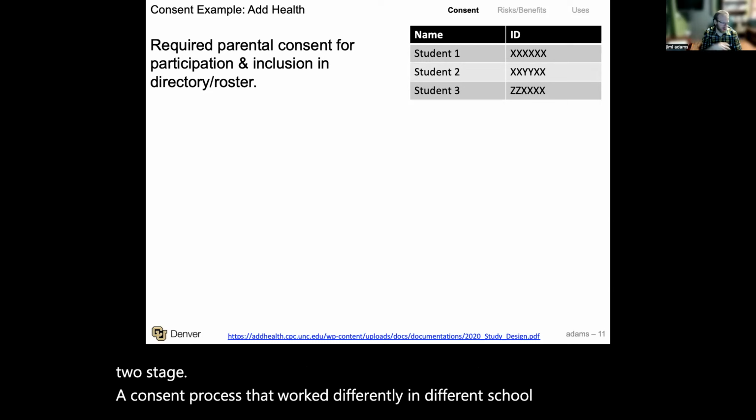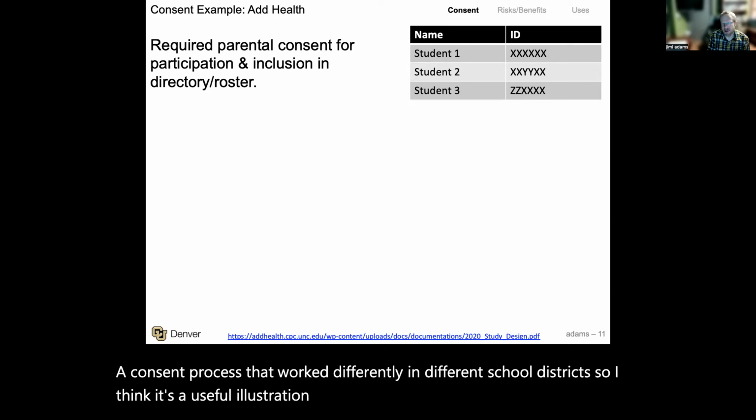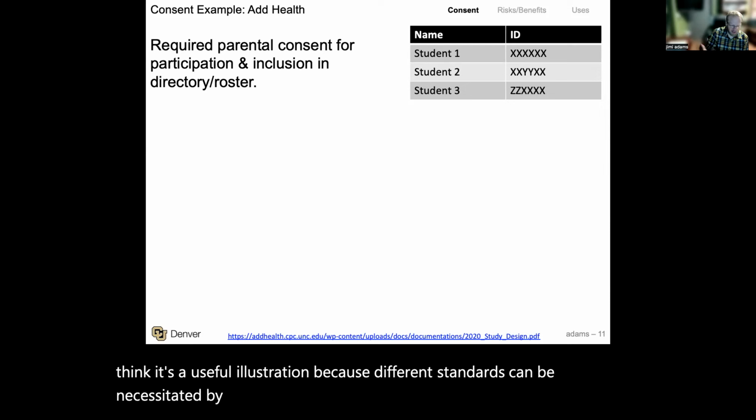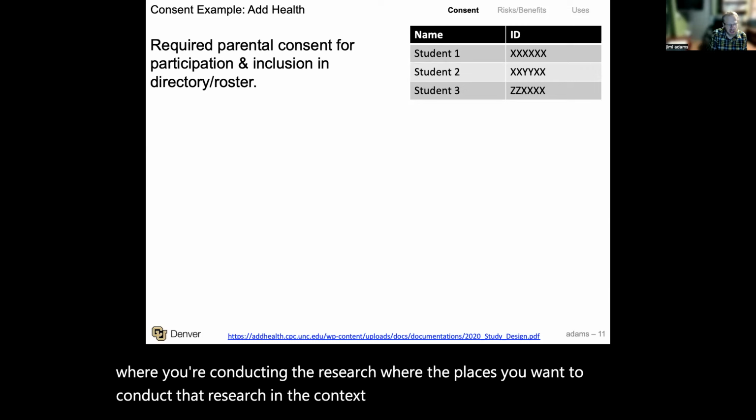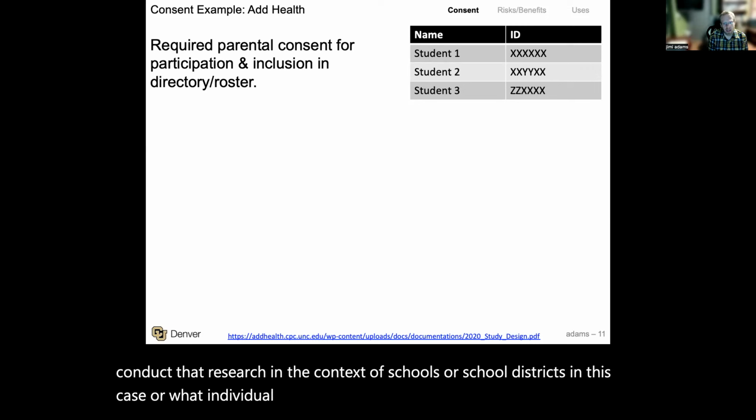I think it's a useful illustration because different standards can be necessitated by different governing boards, whether it's your institution, the places where you want to conduct the research, like schools or school districts in this case, or what individual participants might desire as well.